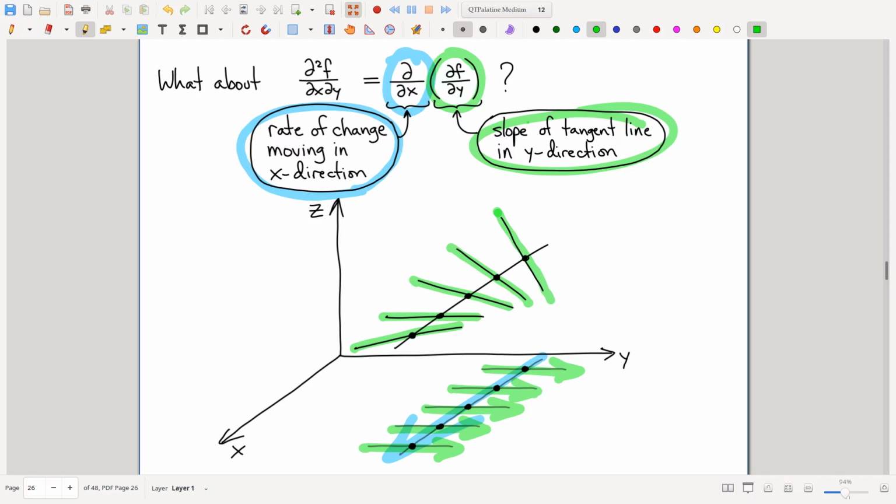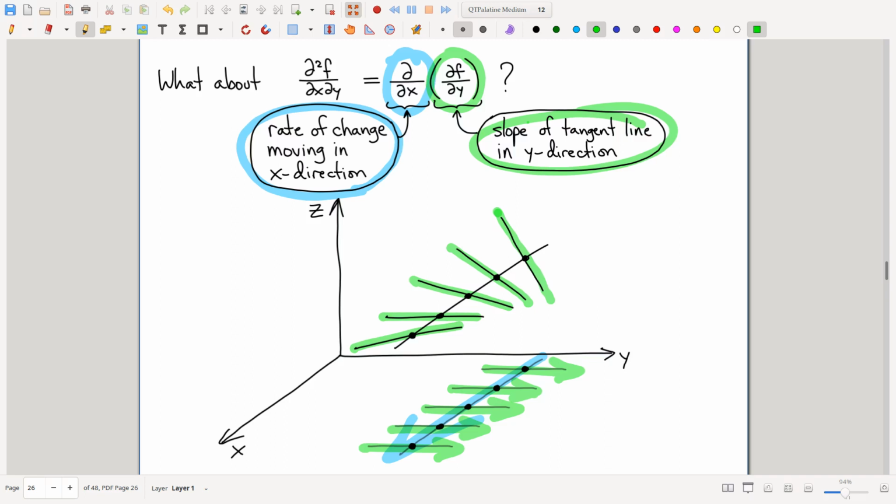And so what is happening as I come out of the page? As I move in the x direction, the y partials that I'm taking the x partials of started negative and were consistently increasing. I think the rate of change is positive because they were going from less to more.